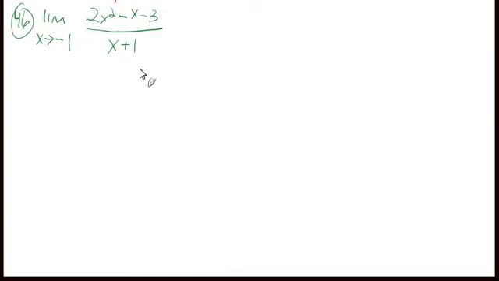Alright, so this is the same as the one we just did, except they don't give us a graph. So let's put in a -1 and see what happens. If we directly substitute like we like to do, we get a 0 in the denominator, so that's no good. So what can we do about it?